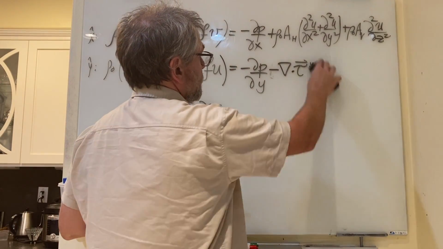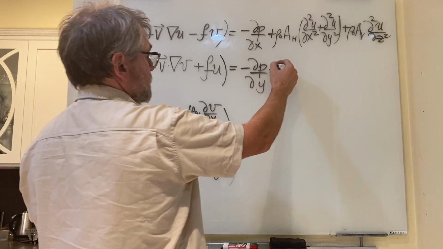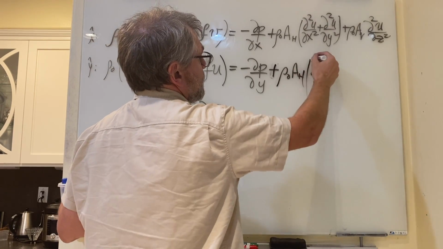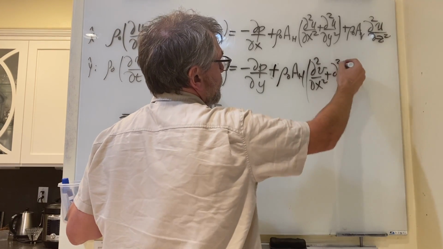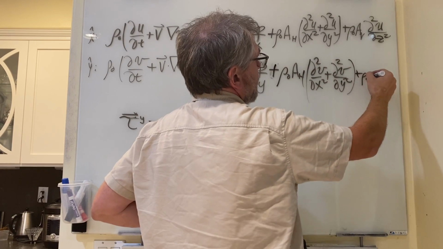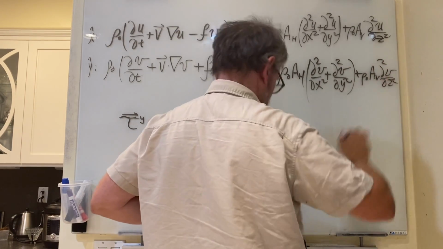Substituting in, what I end up with is, again, minus minus makes it a plus, rho naught AH d2v dx squared plus d2v dy squared plus rho naught AV d2v dz squared.